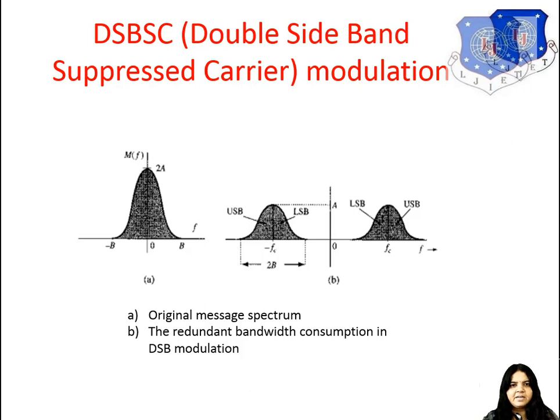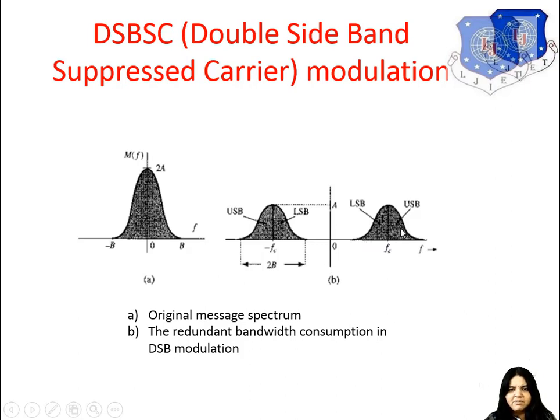This is the diagram of the double sideband suppressed carrier modulation. This is the original spectrum of the signal. Here you can see the redundant bandwidth consumption in DSB modulation.